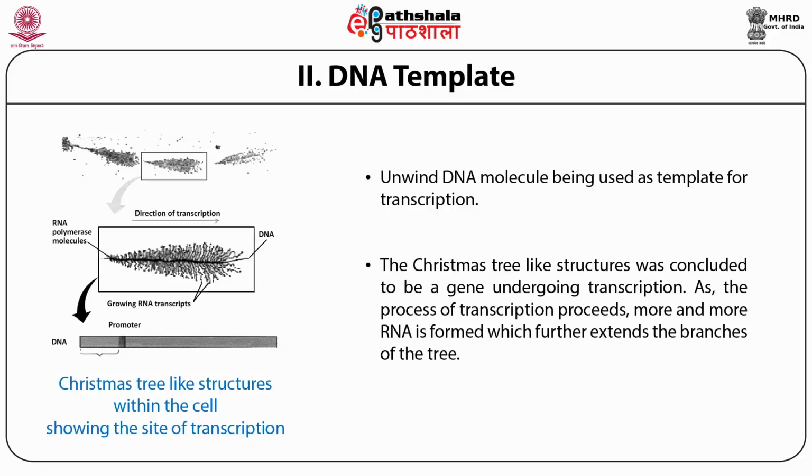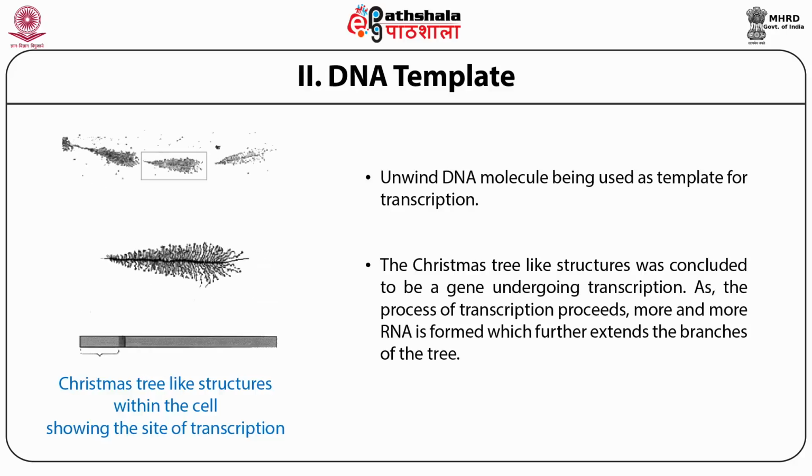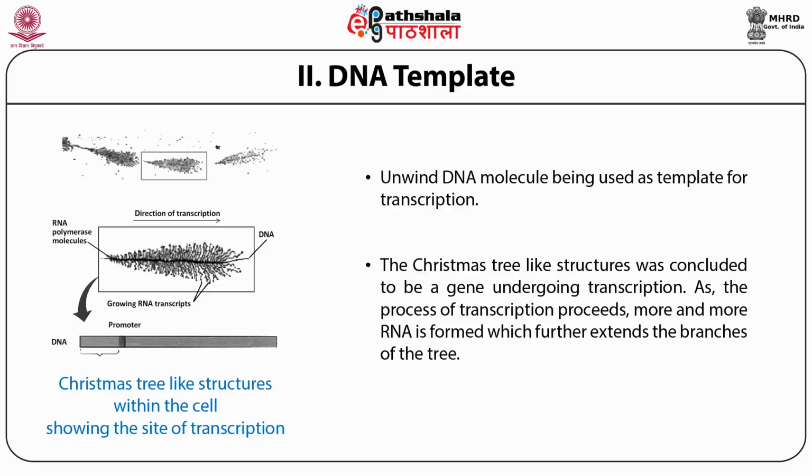As the process of transcription proceeds, more and more RNA is formed, which further extends the branches of the tree. The DNA molecule unwinds to act as a template, that is, the double helix opens up and only one strand acts as a template for transcription.